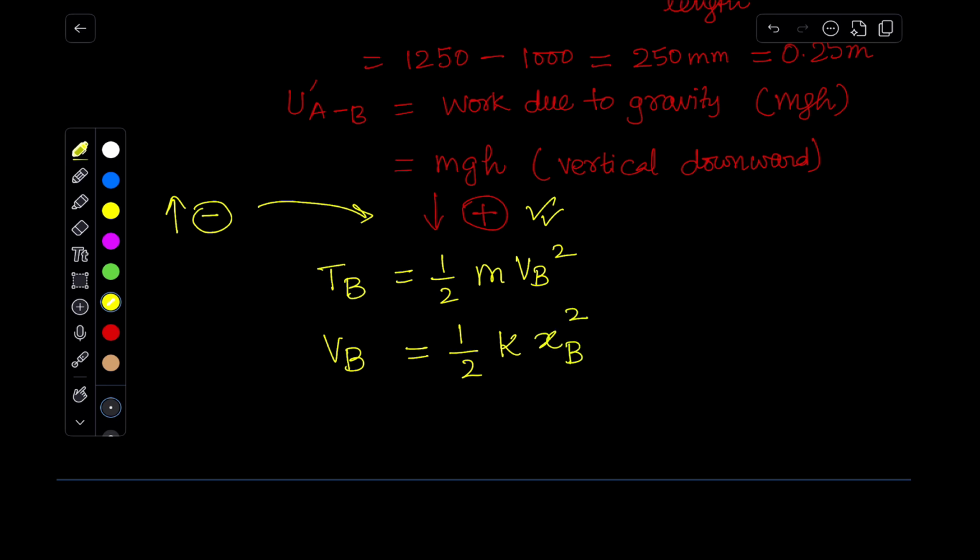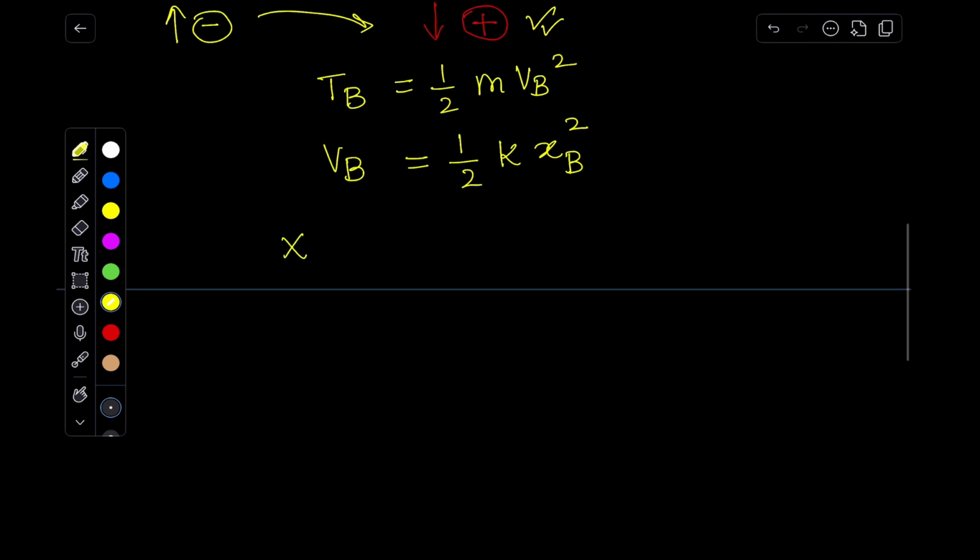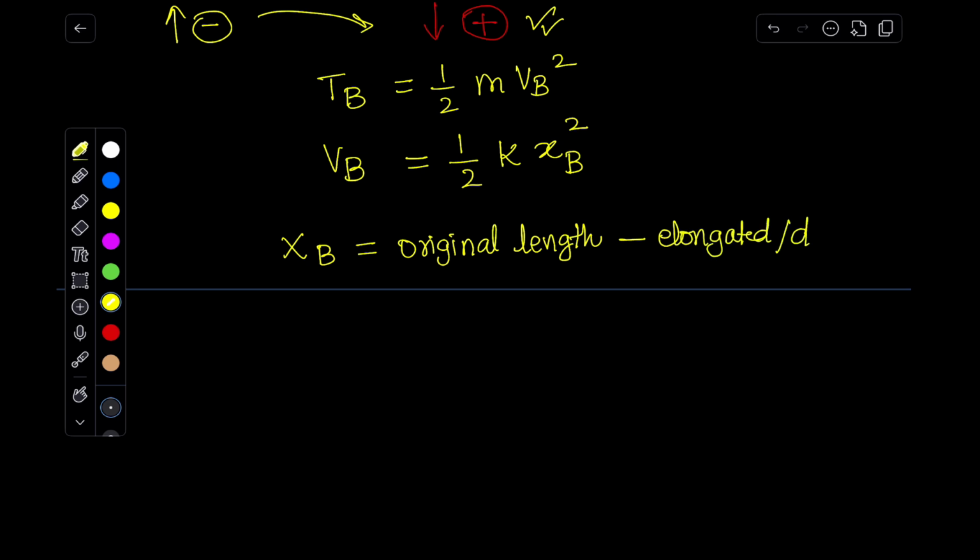Now let's calculate the kinetic energy at point B and the spring work at point B. The kinetic energy at position B is very simple, half m vB square, and we are expecting to find the velocity when it comes to point B. We are not talking about whether it stops there or what happens.